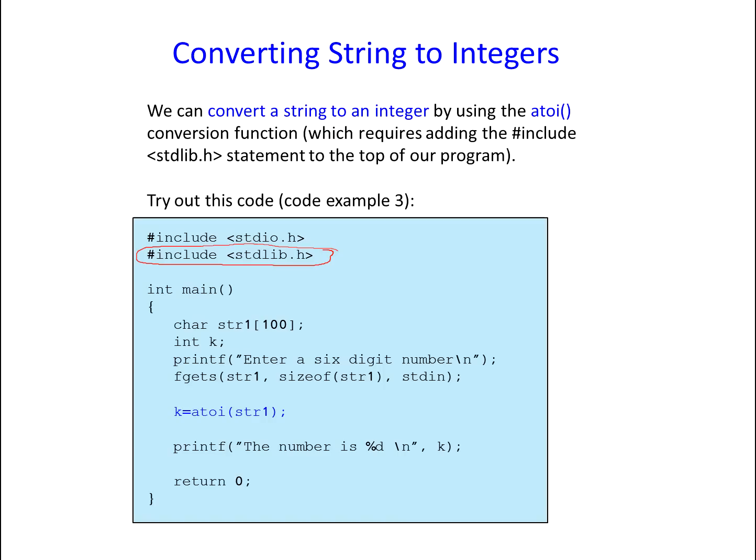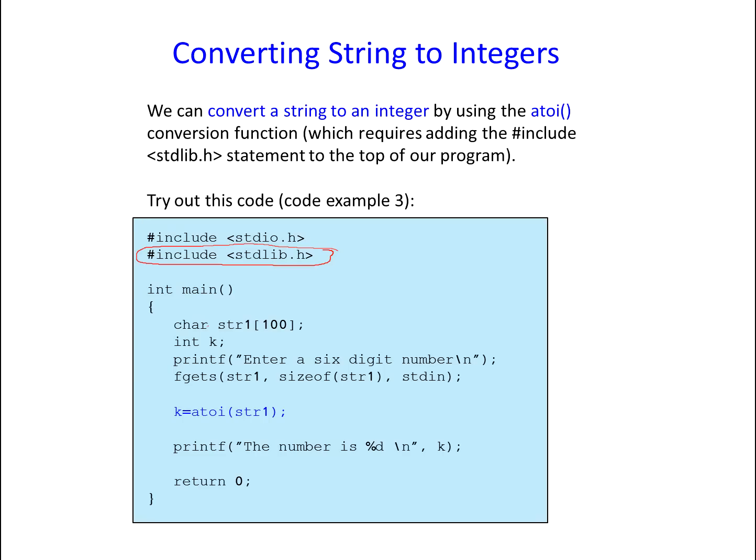Okay, so try this out. You should enter this program in your C interpreter and run it. Here, we prompt the user to enter a number, in this case a 6-digit number. This number gets returned and will be in string1. Notice string1 is a character data type, and we want to convert it to an integer.